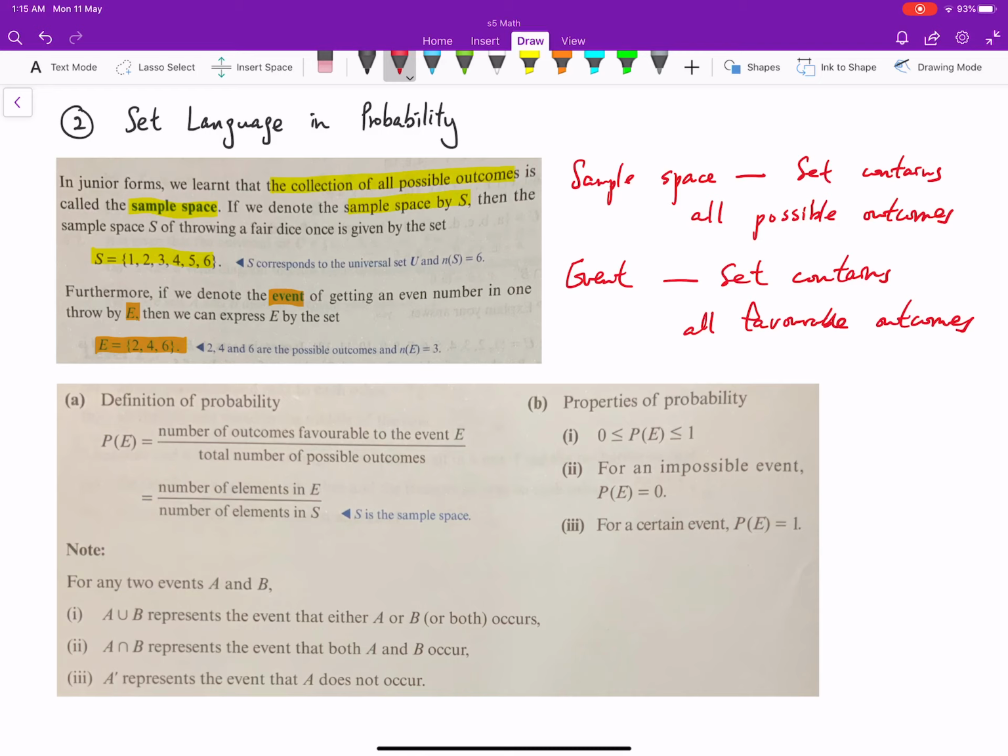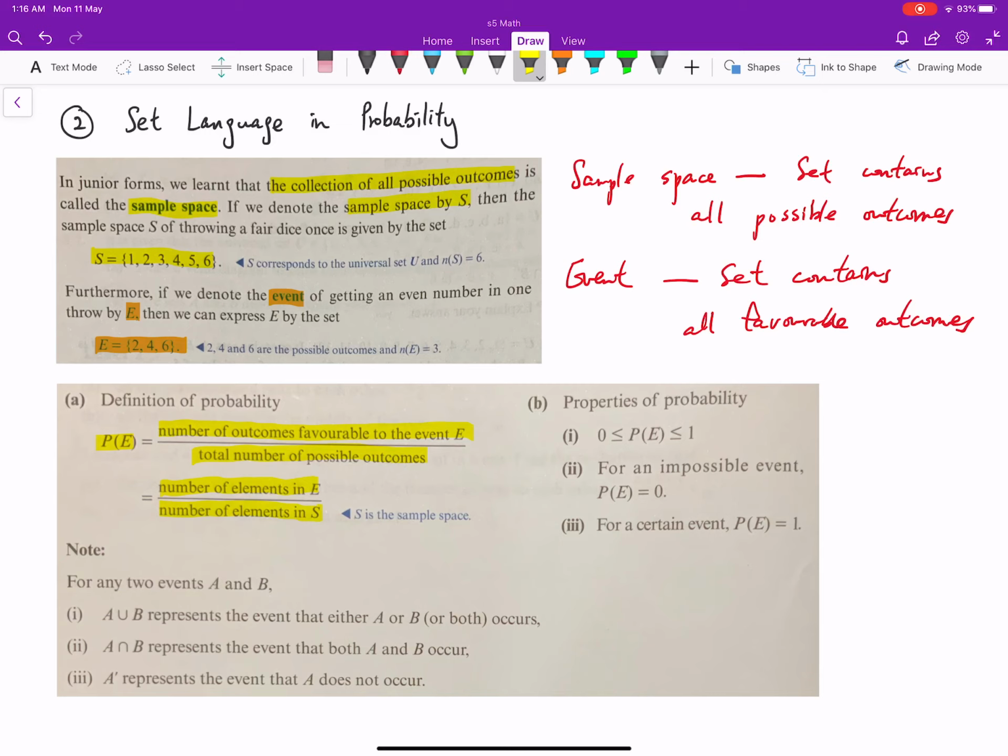Then we go to the definition of probability. This is not difficult: the number of elements favorable to E over the total number of outcomes gives the probability of getting E. That is the number of elements in E over the number of elements in S. The numerator will not be bigger than the denominator, because the denominator must be the biggest number, as it contains all possible outcomes.